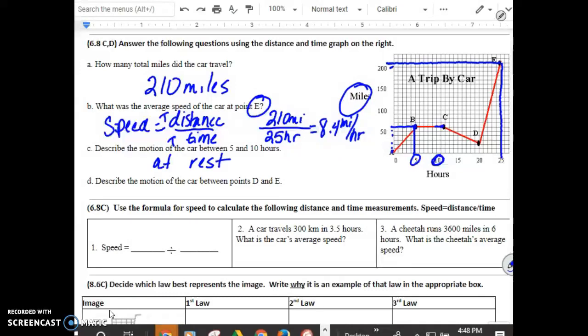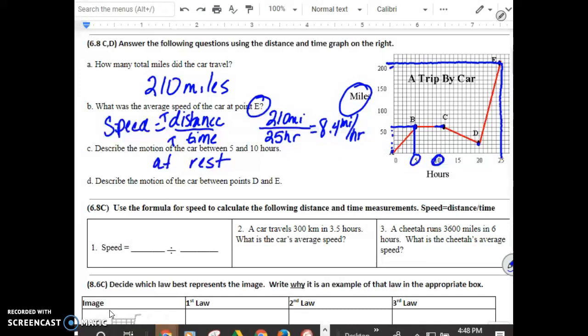D, describe the motion of the car between D and E. At D, we've got the car having traveled 20 miles, it looks like. And of course, at E, it had traveled 210, or the rest of the trip of the 210.